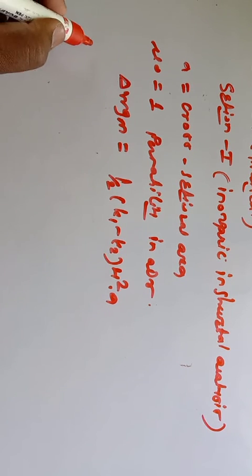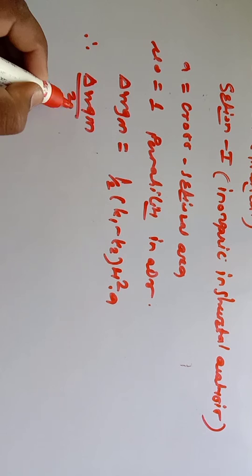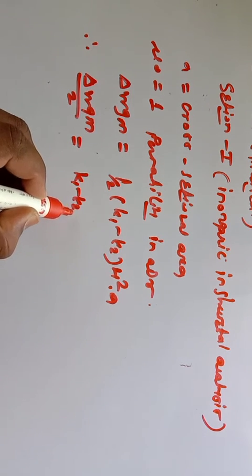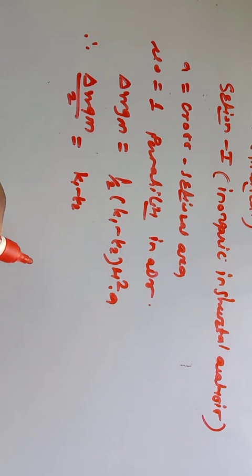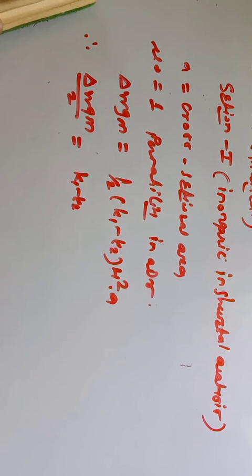So from this equation we can write delta W gram upon 2, which is equal to k1 minus k2. Not upon 2, I made a mistake here.